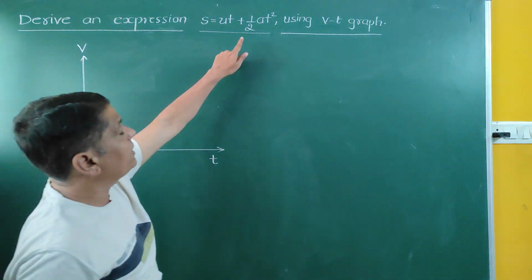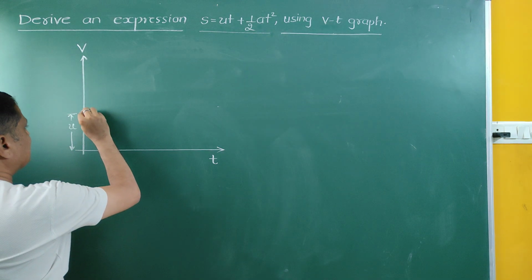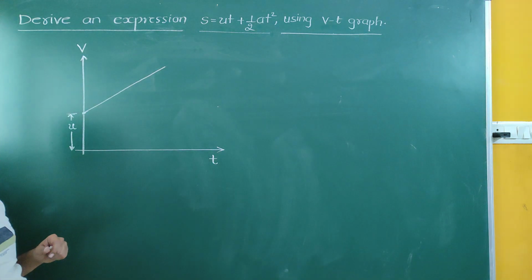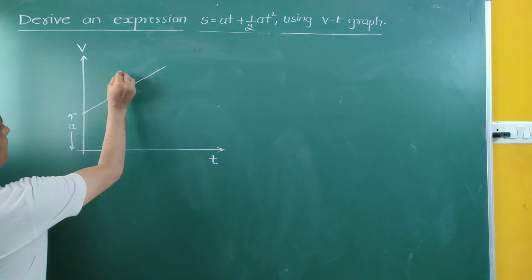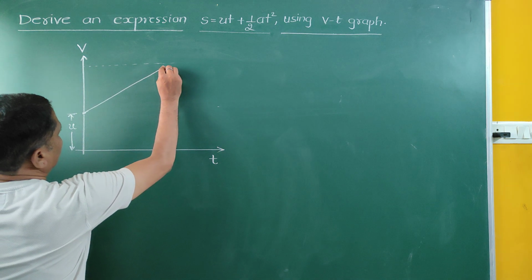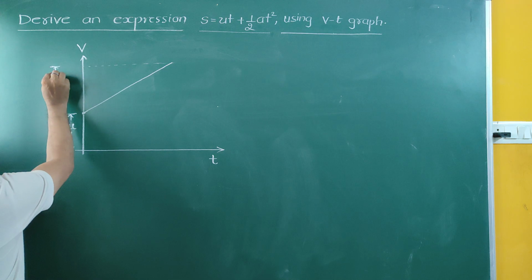Second, since the body is traveling with a constant acceleration, it means a straight line with positive slope, right? See here, this is the final velocity. Here to here, the velocity is v.